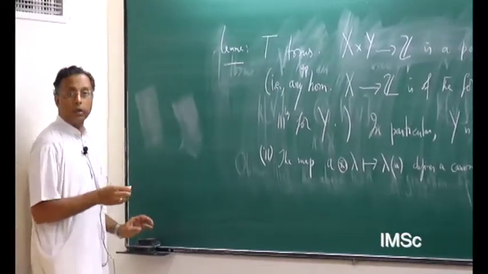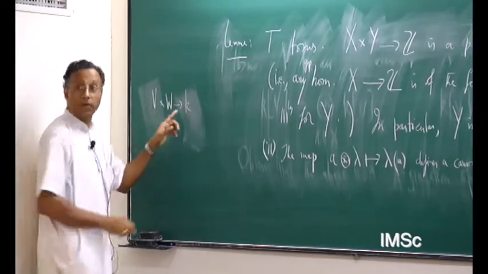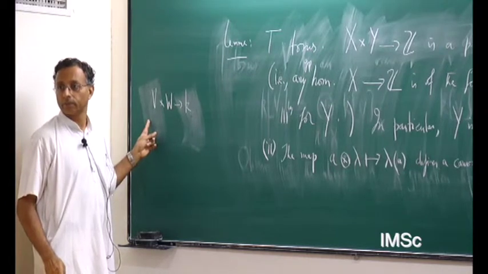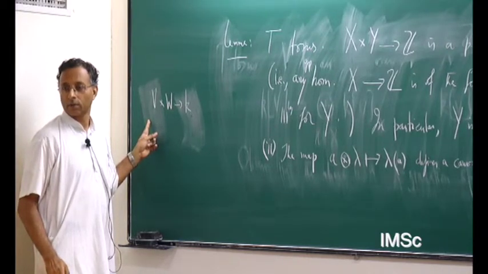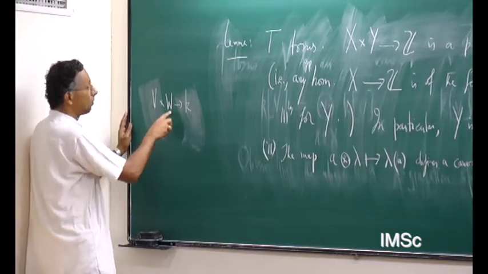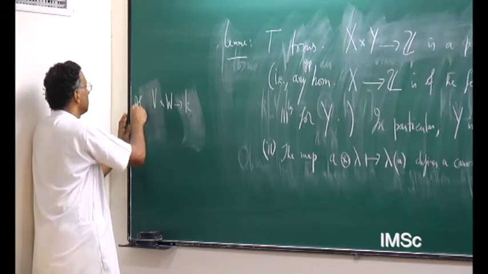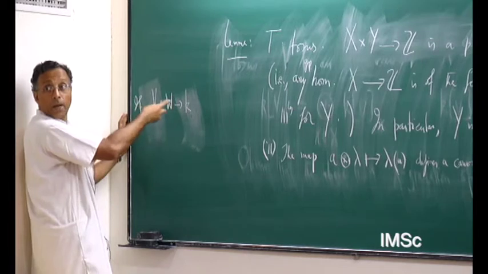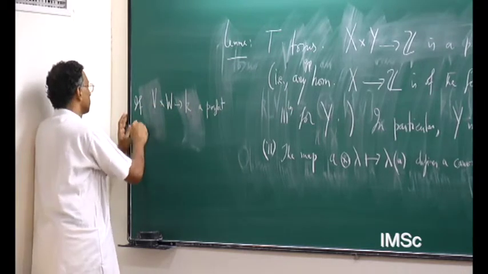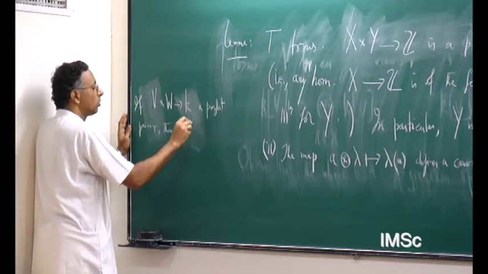If I have V cross W to K, and this is a perfect pairing, then W can be identified with V star. How do I take W to V star? If this is a bilinear map which is a perfect pairing, then W is equal to V star.